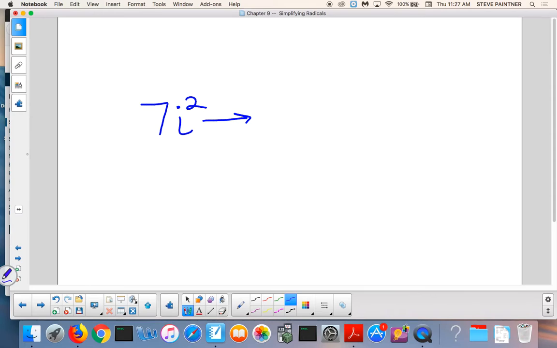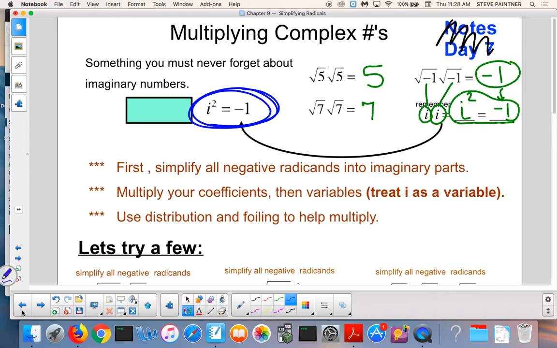You'll write 7 times negative 1, which is negative 7. Every time you see an I squared, replace it with negative 1.